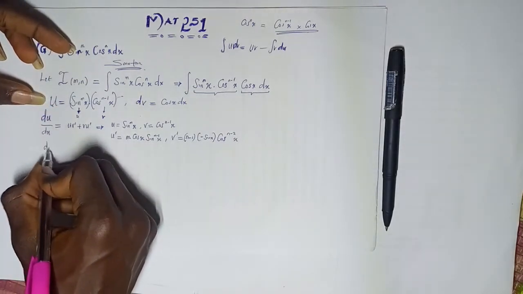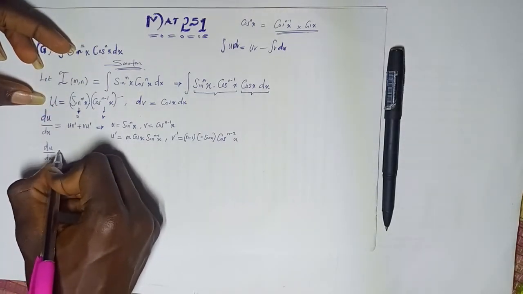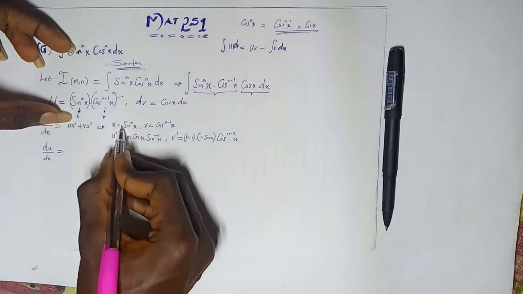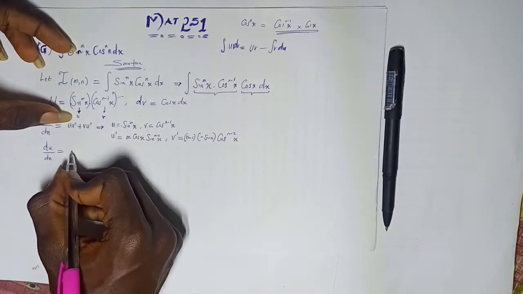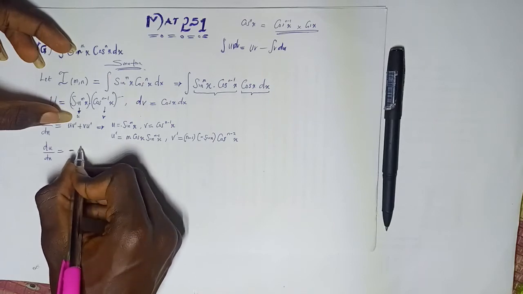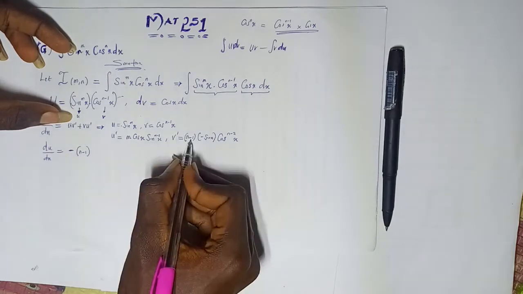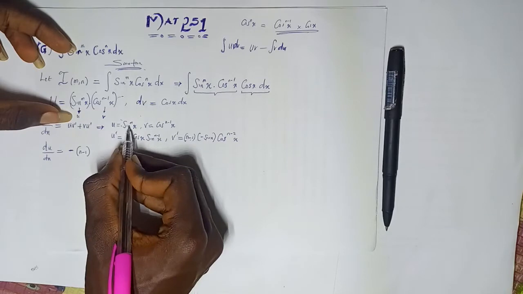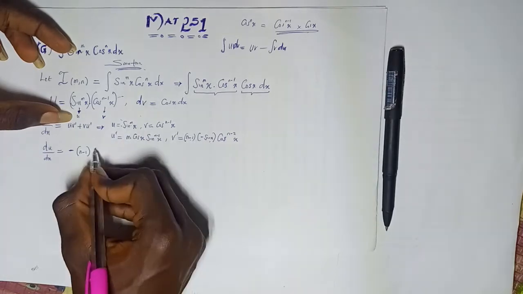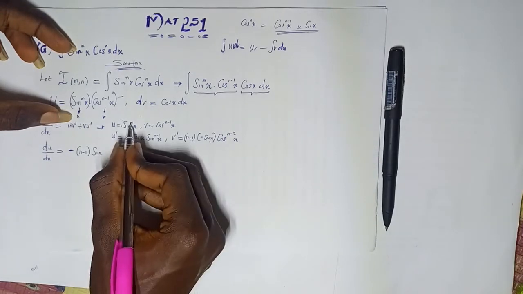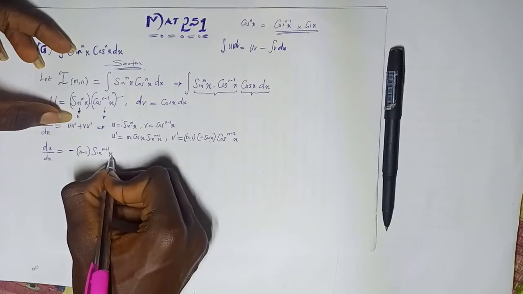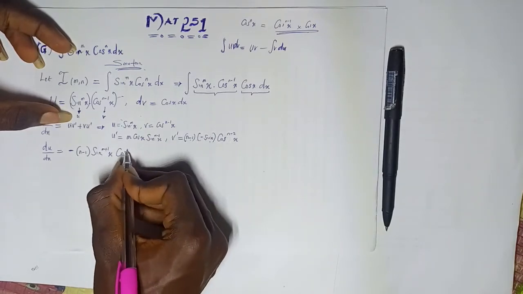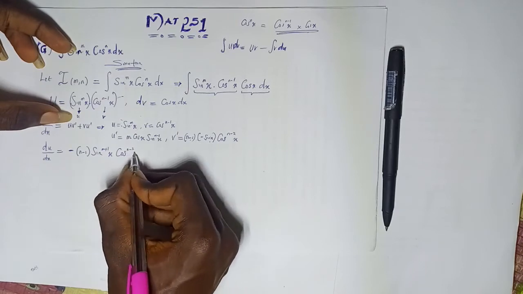So therefore, the du dx we are looking for simply implies uv prime. When I multiply this by this, trivially we have negative of n minus 1, times sine of m plus 1 of x, then cos of n minus 2 of x.